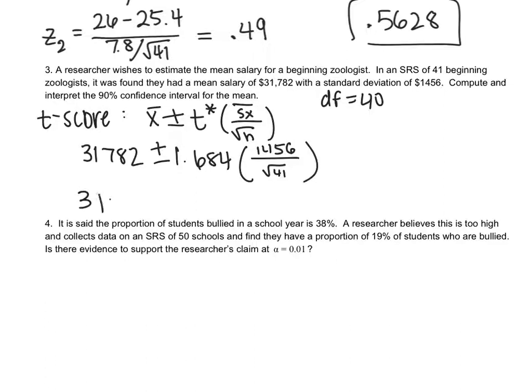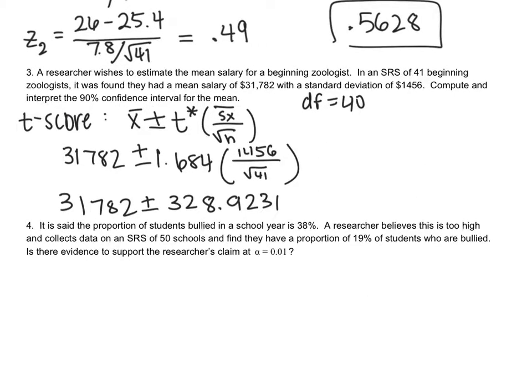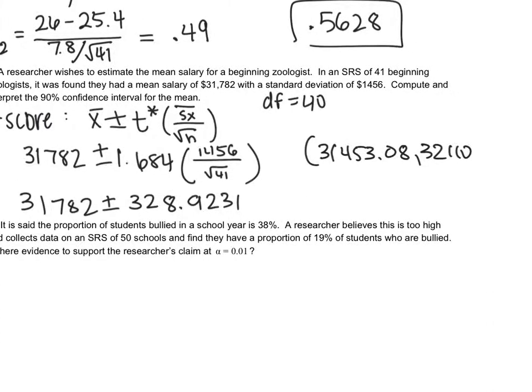which is going to give us 31,782 plus or minus 328.9231. So after performing the addition and subtraction, we get the confidence interval 31,453.08 to 32,110.92.